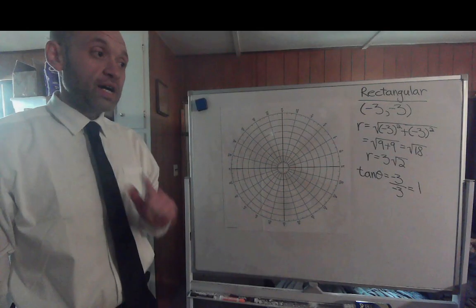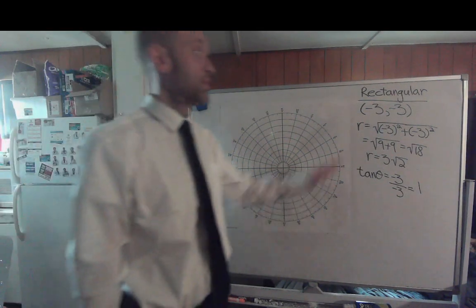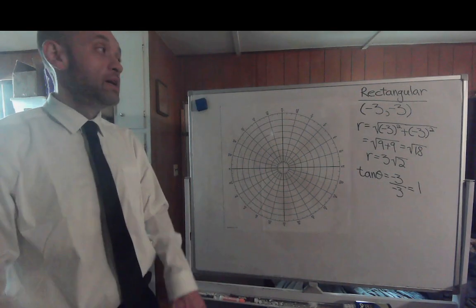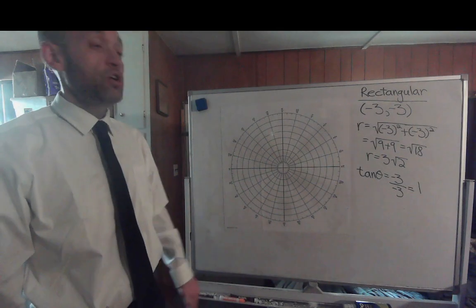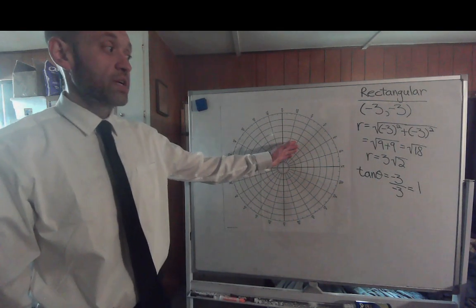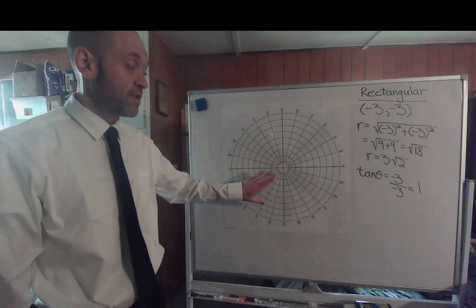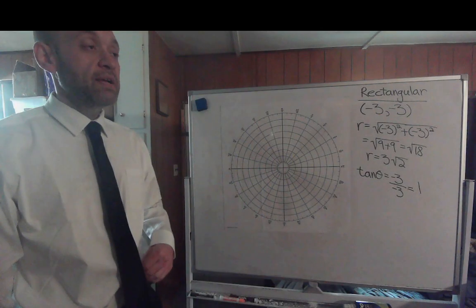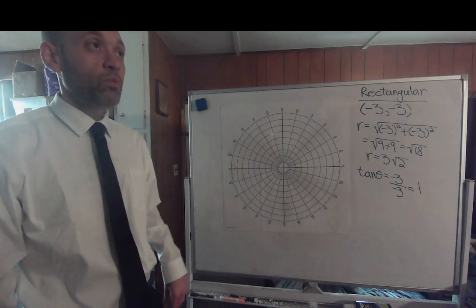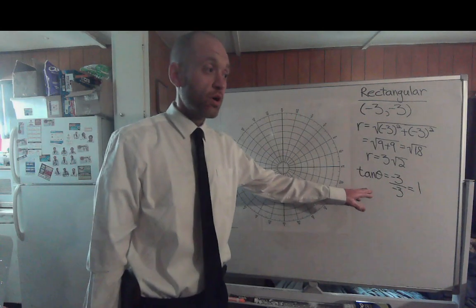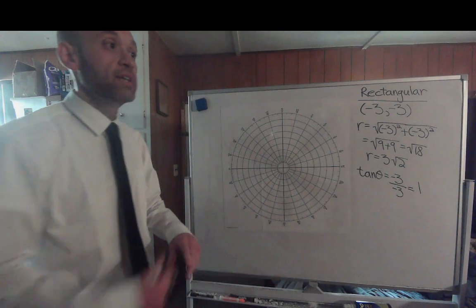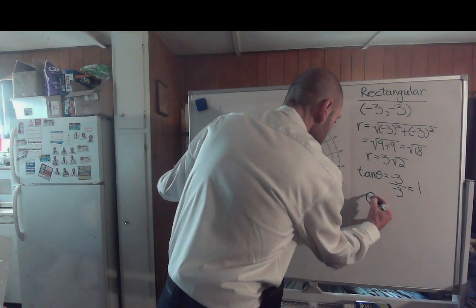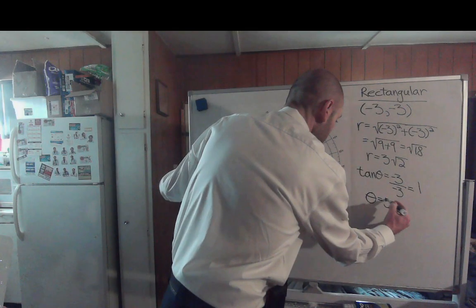Now this is where I said bear in mind we should end up in the third quadrant in the polar system, because the tangent of theta is not only positive in the first quadrant, it's also positive in the third quadrant. So you would get a tangent of theta being 1, of course, at pi/4, but the third quadrant equivalent is 5π/4. So your theta is going to actually equal 5π/4.